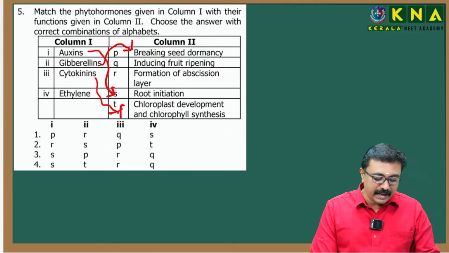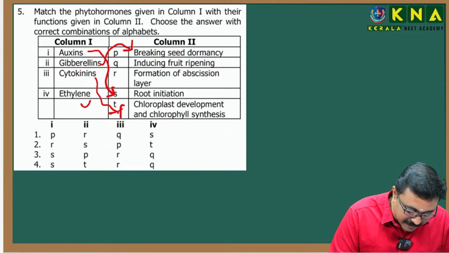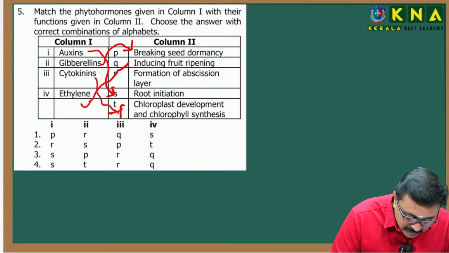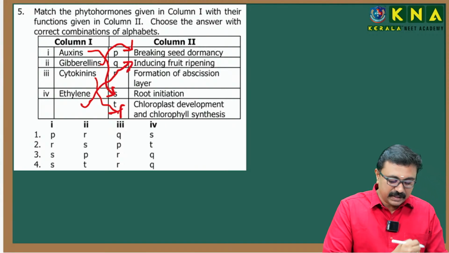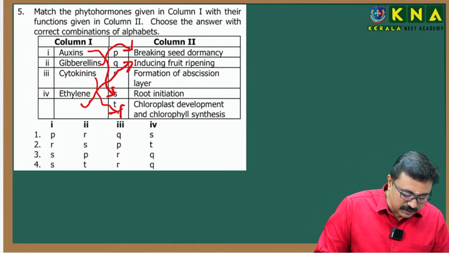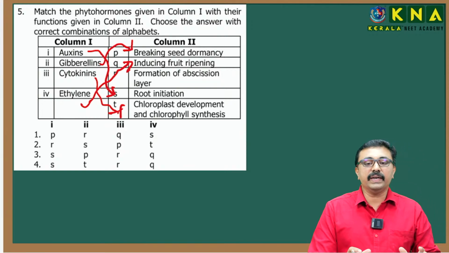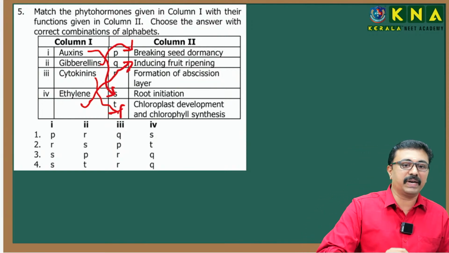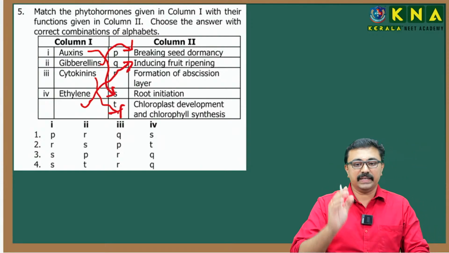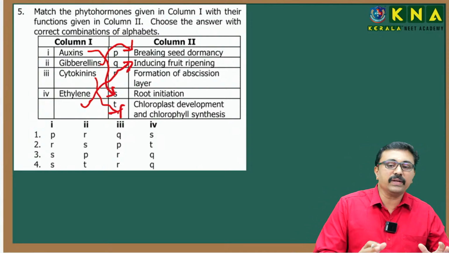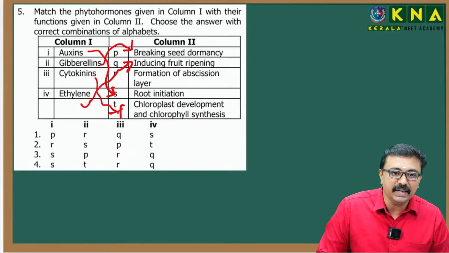Okay, then ethylene, we all know this function of ethylene, it is inducing the fruit ripening. So these are the functions of the plant hormones auxins, gibberellins, cytokinins and ethylene. So this is the final question for the chapter plant growth and development.